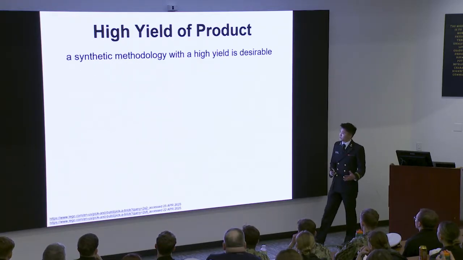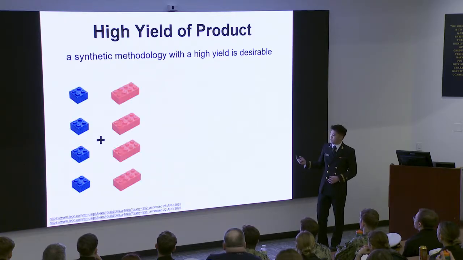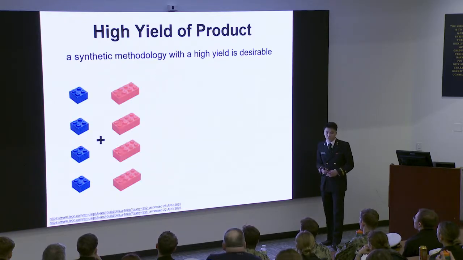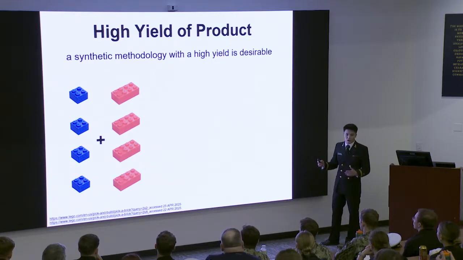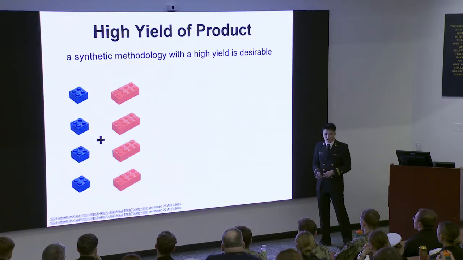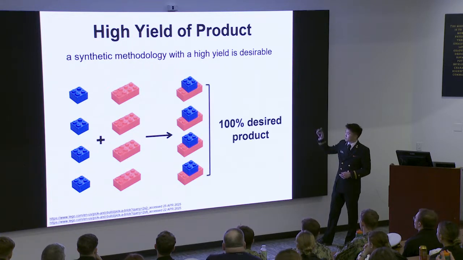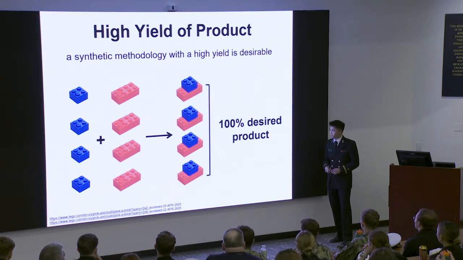To illustrate this, let's take a hypothetical reaction. You start with 4 blue blocks and 4 red blocks. These are your starting materials for the reaction. Your desired product is a blue over red block combination. Let's say each blue block combines with its respective red block to form 4 pairs of this desired product. That's 100% desired product yield.